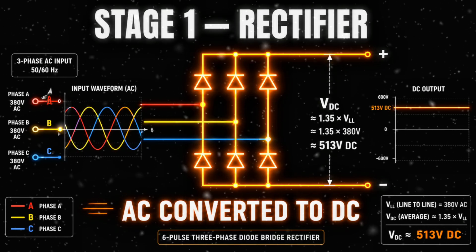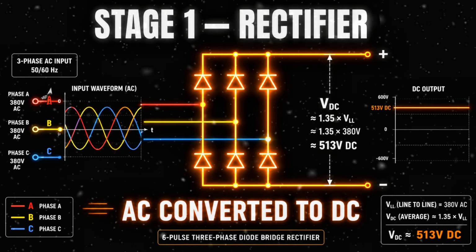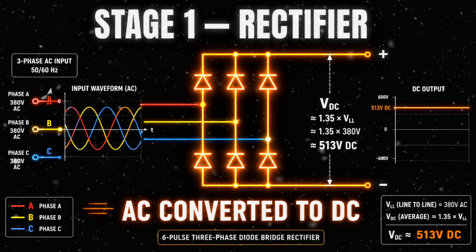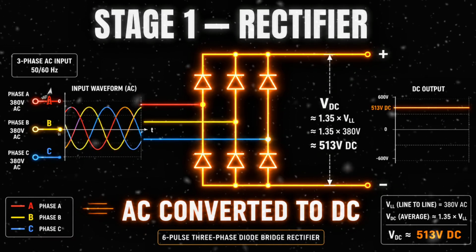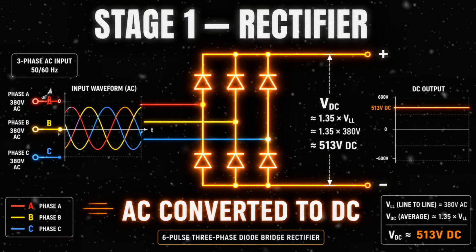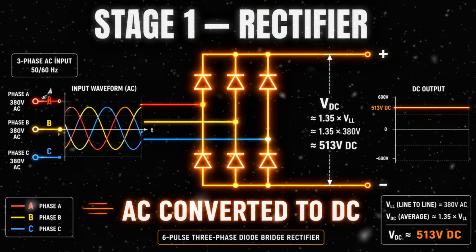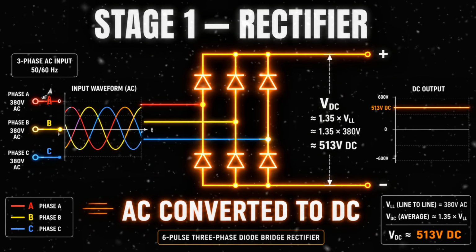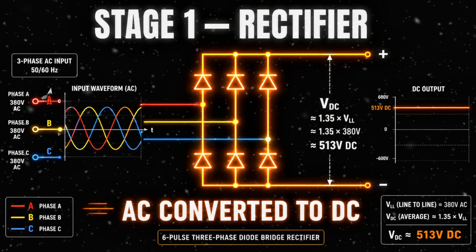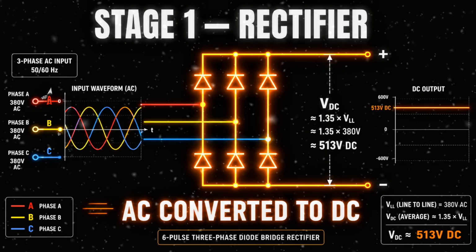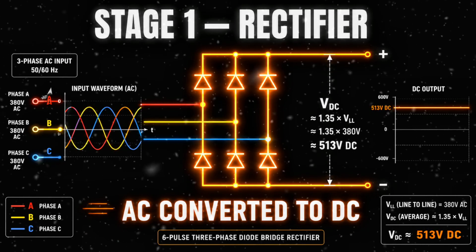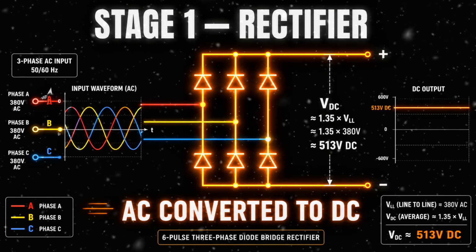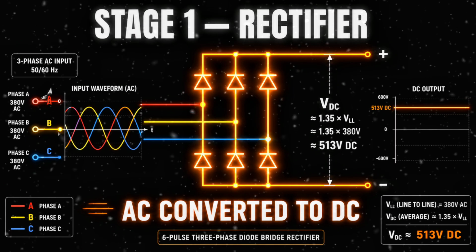Let us look at stage 1 in more detail. The rectifier. The rectifier takes the 3-phase AC input and converts it to DC. It does this using a bridge circuit of 6 diodes. 2 diodes per phase. 6 total. The diodes allow current to flow in one direction only.